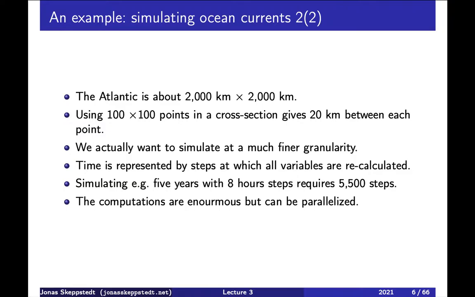Say that we want to simulate for 5 years, and we let each time step take 8 hours. Then we will need 5,500 time steps, and between each time step we recalculate the variables in each such cube. So the computations are enormous, but they can be parallelized, and the question is, at which level should we parallelize them?